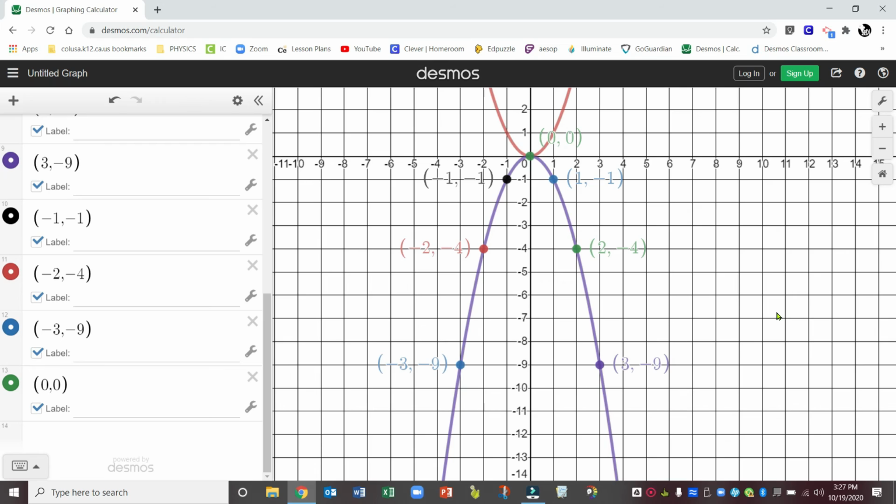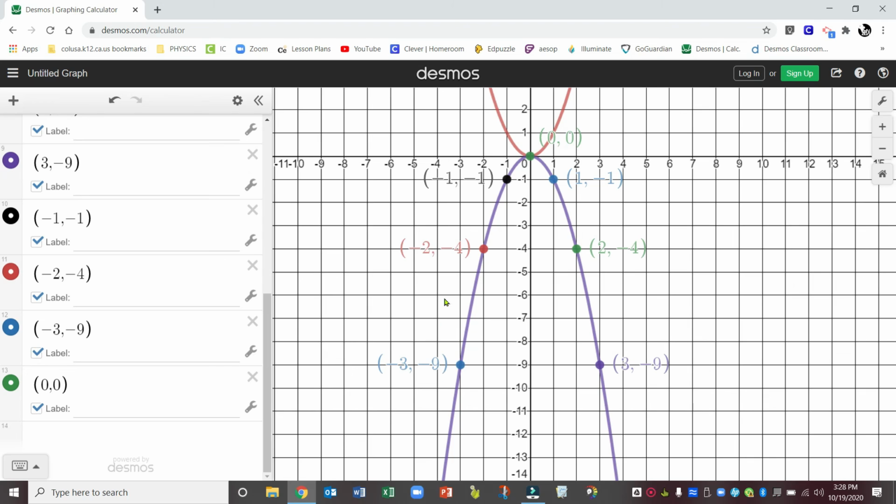All right, when is the graph increasing and when is the graph decreasing? So first, let's look at the left side of the graph this time. When are the x values increasing? Well, from -3 to -2 to -1 to 0, those are increasing. What's happening to the y values at that time?